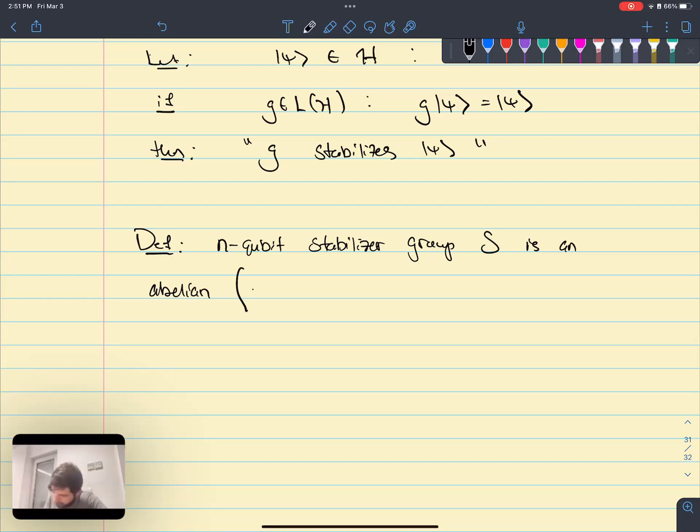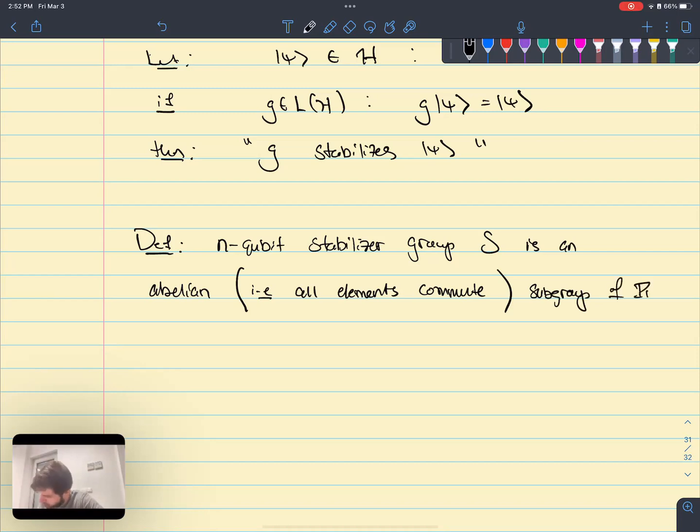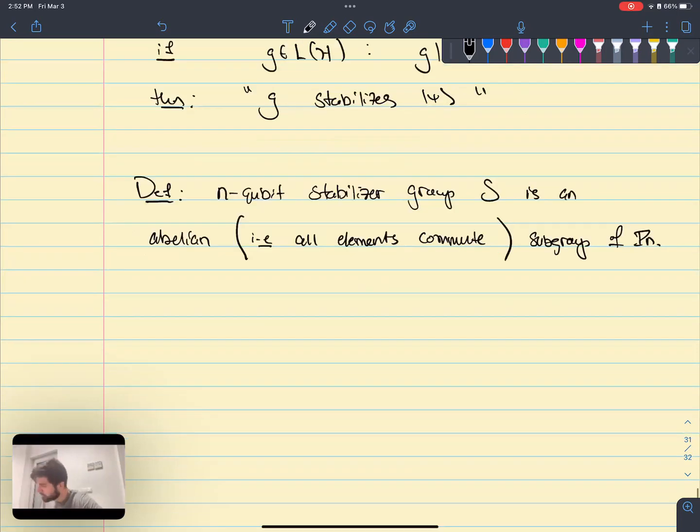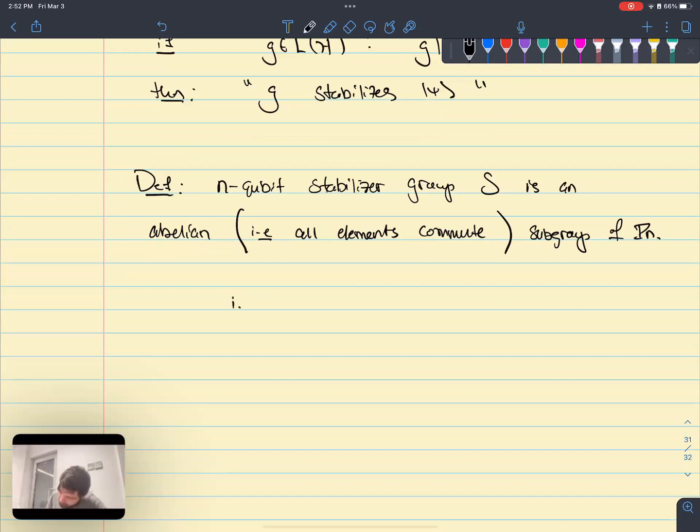It just means that all elements commute. Such that, and there are a couple of additional criteria.